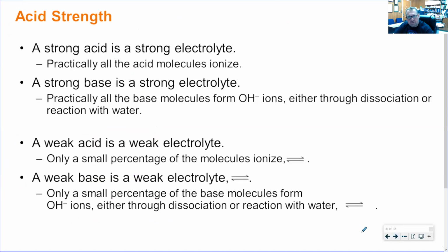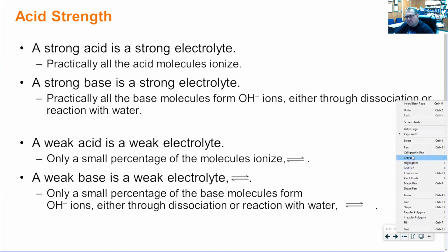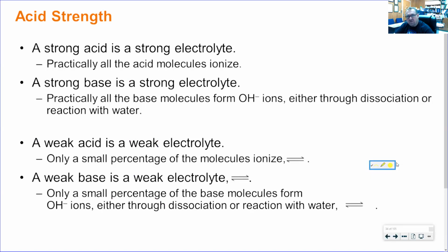All right, so when we talk about strengths of acids and we look at the comparisons of those, we say that generically there are two different types of these electrolytes. There are strong electrolytes where practically all of the molecule ionizes or dissociates. We talked about electrolytes being strong or weak back when we talked about ionic compounds.